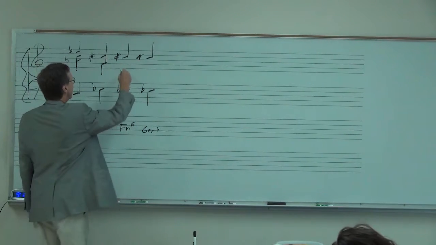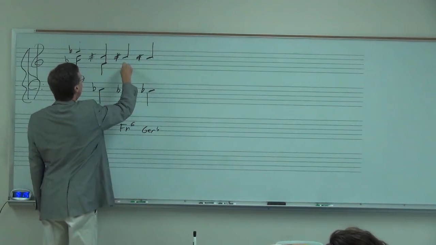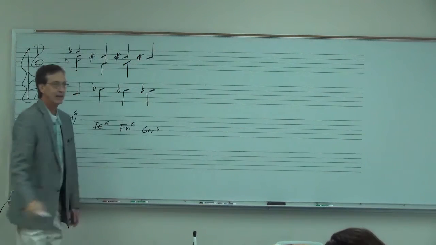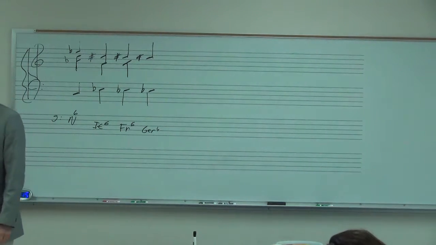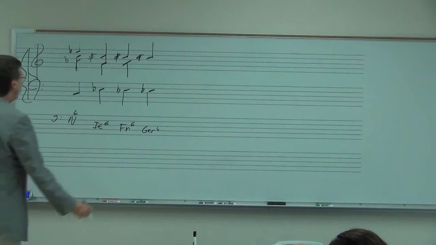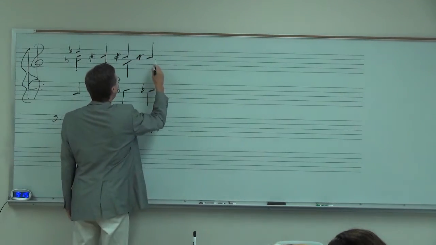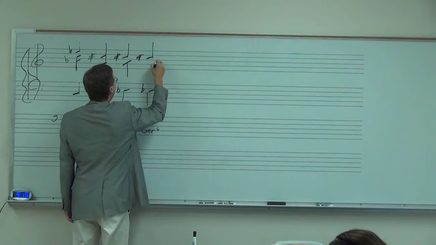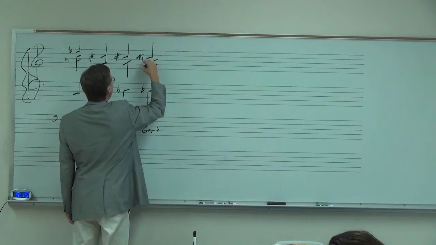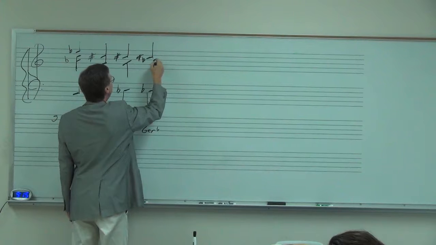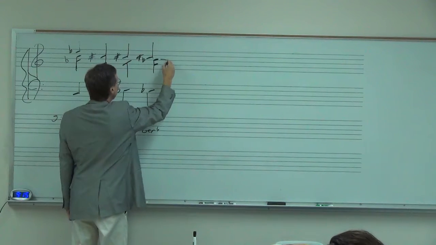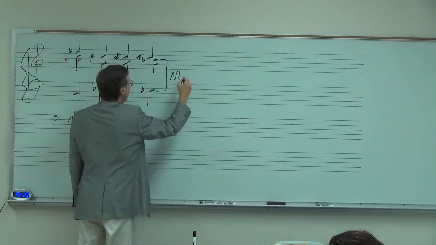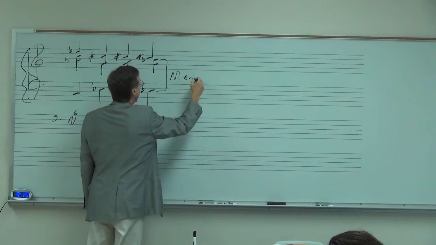For the French, we keep the G and go to the next whole step up, the A. All right? That's the French. And with the German, we go up another diatonic half step to the B flat, and this forms a major triad.